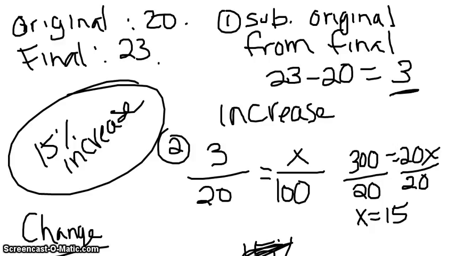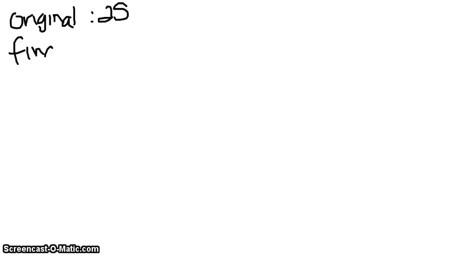Alright, let's look at another example, and I will try better to keep inside that box. Sorry. This time the original is 25 and the final is going to be 17. We need to determine if this is a decrease or an increase.